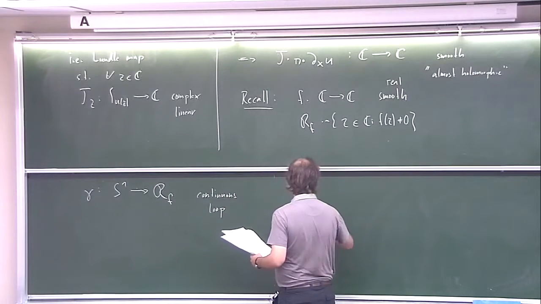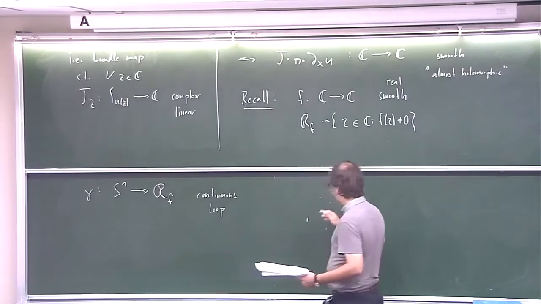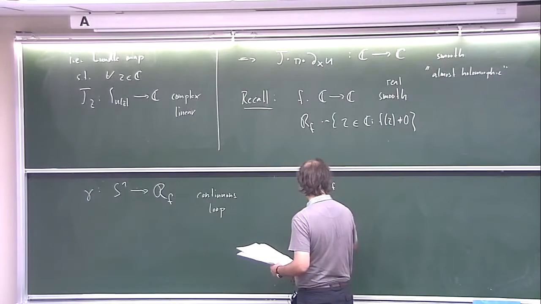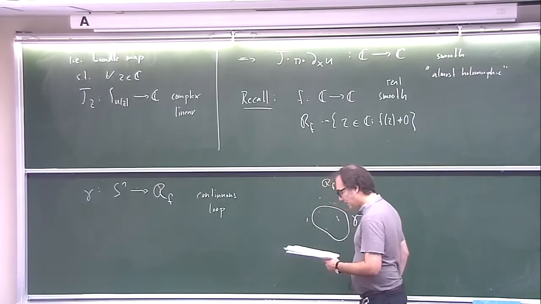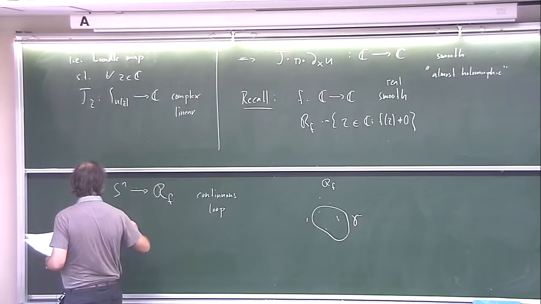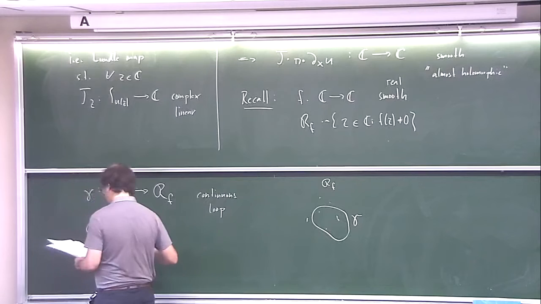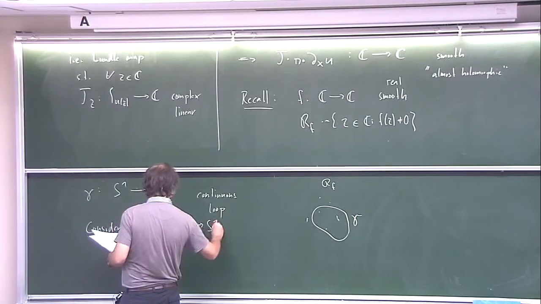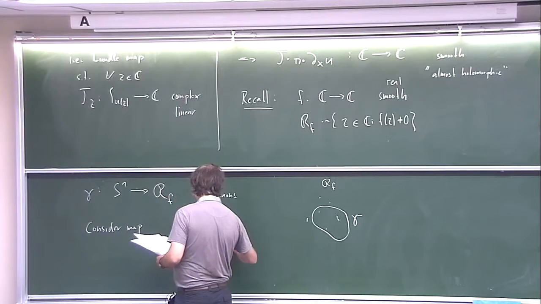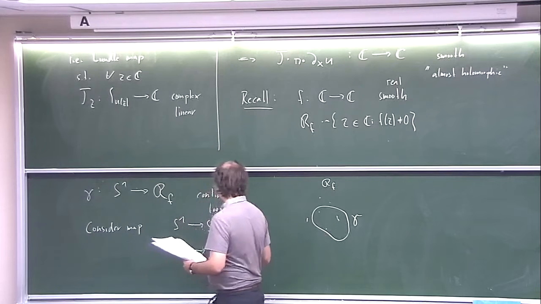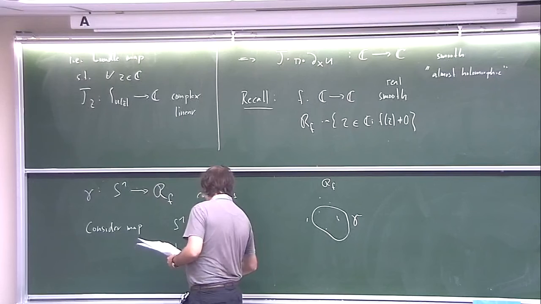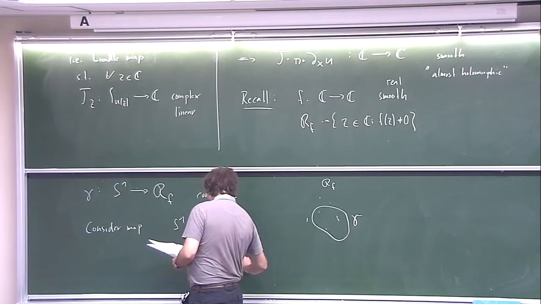So we have the regular set R_f, and then we have here gamma. And then we can consider a map from S1 to S1: t goes to f of gamma t, but because we are in the regular set, f is not 0, so we can divide by the length.